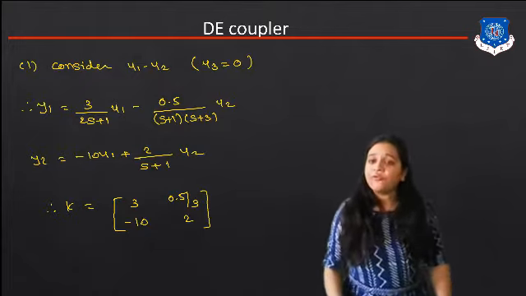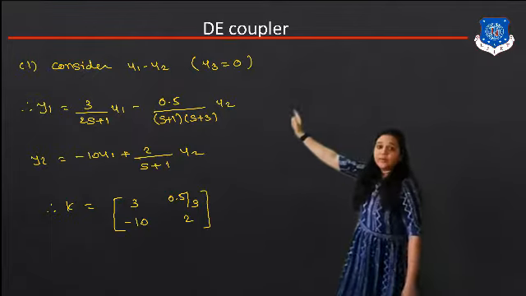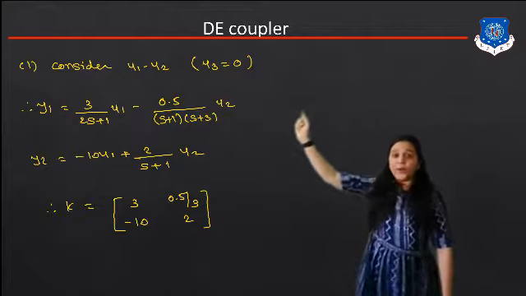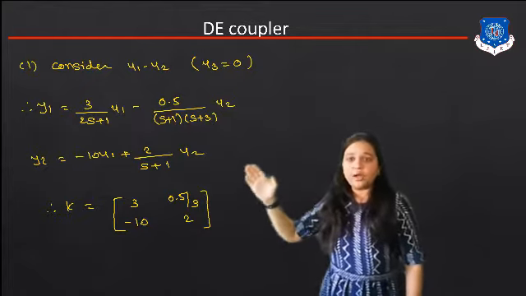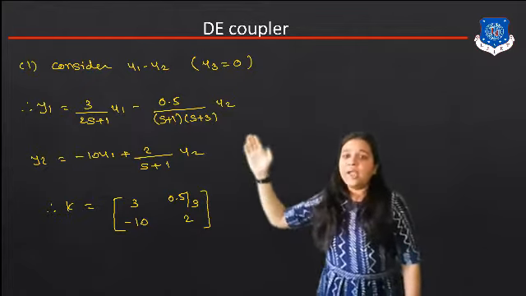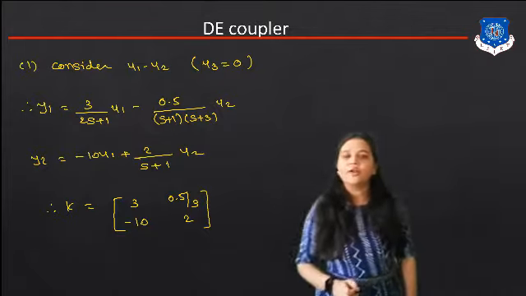If we have to find the value of the K matrix, K is equal to the constant terms: 3, then 0.5 divided by 3, after simplifying the term (s plus 1)(s plus 3), then minus 10 and 2 upon s plus 1, that is equal to 2.